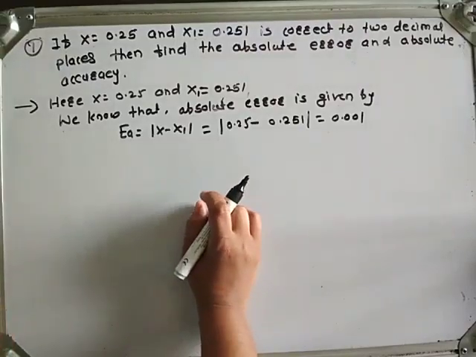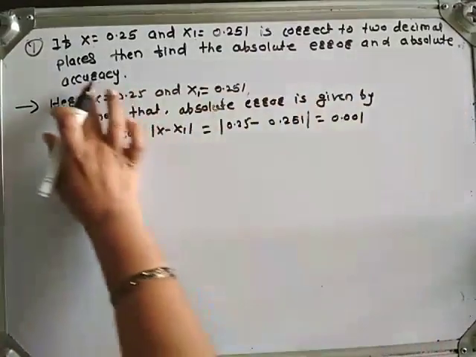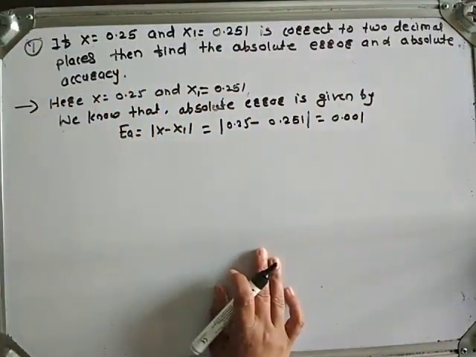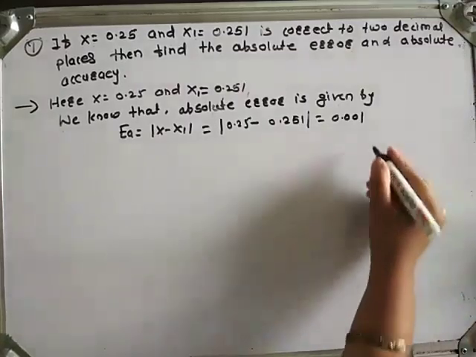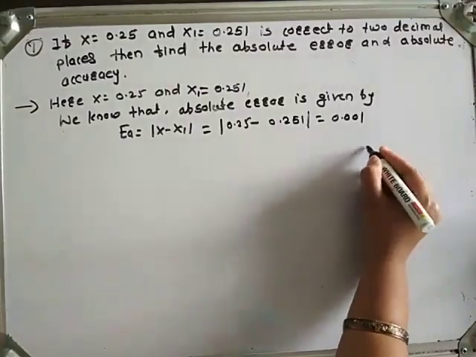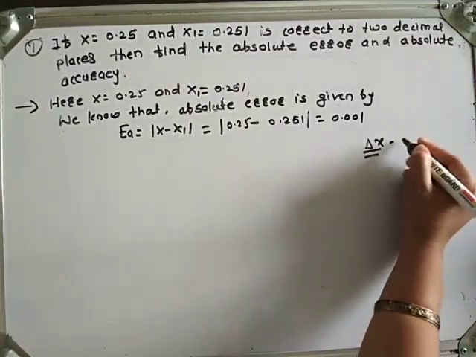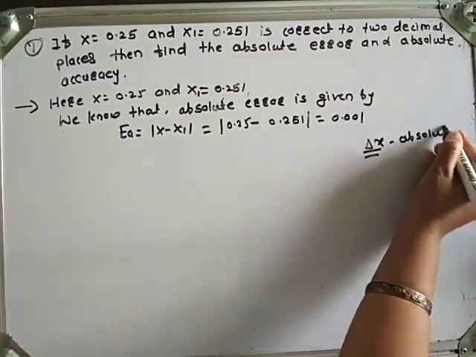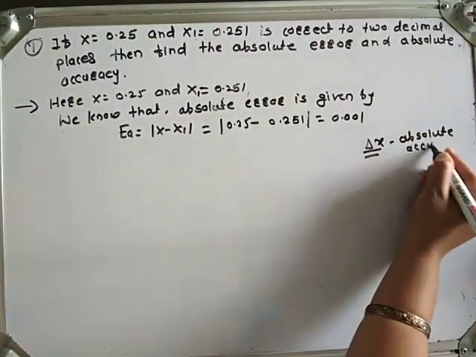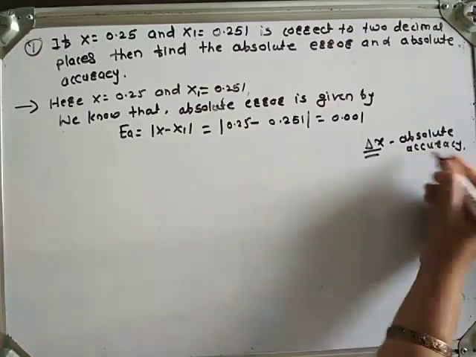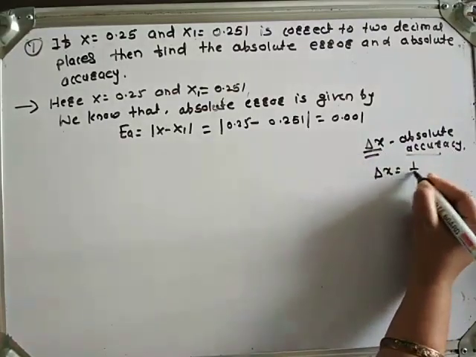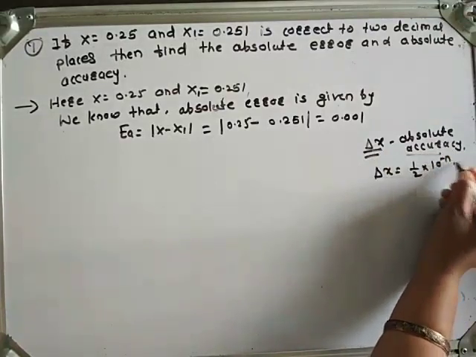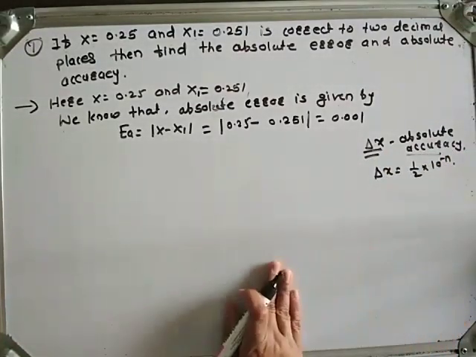Now we have to find the absolute accuracy. What is the formula for absolute accuracy? As we have seen previously, delta x denotes the absolute accuracy. And what is the formula? Delta x is equal to 1 by 2 into 10 raised to minus n.